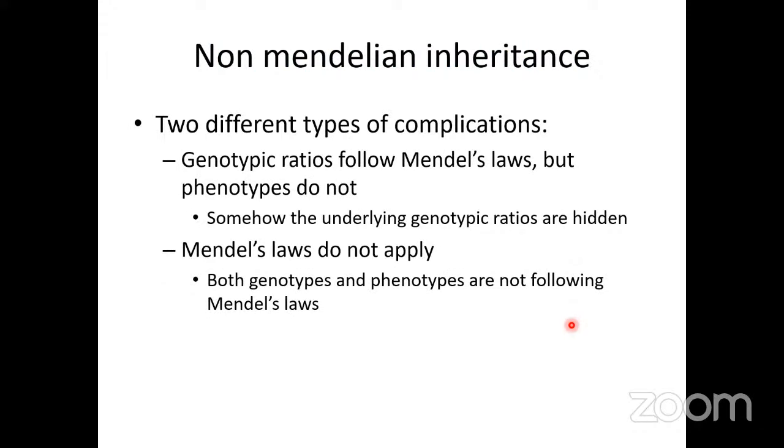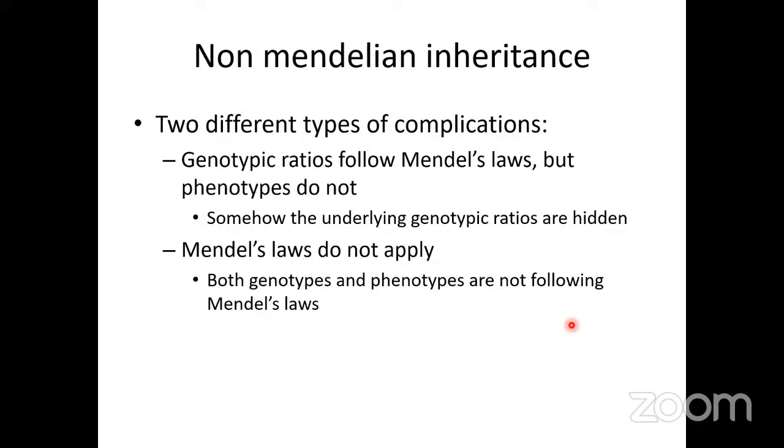Non-Mendelian inheritance may be due to two different types of complications. For example, in some scenarios your genotype follows Mendel's law, but the phenotype does not, because somehow the underlying genotype ratios are hidden. This can also happen in a regular Mendelian inheritance.